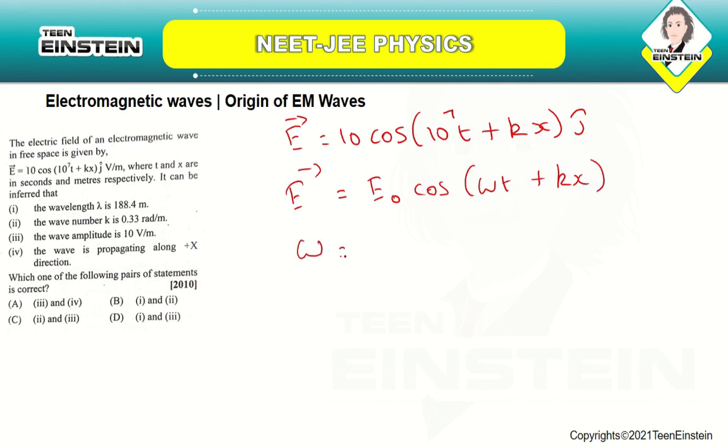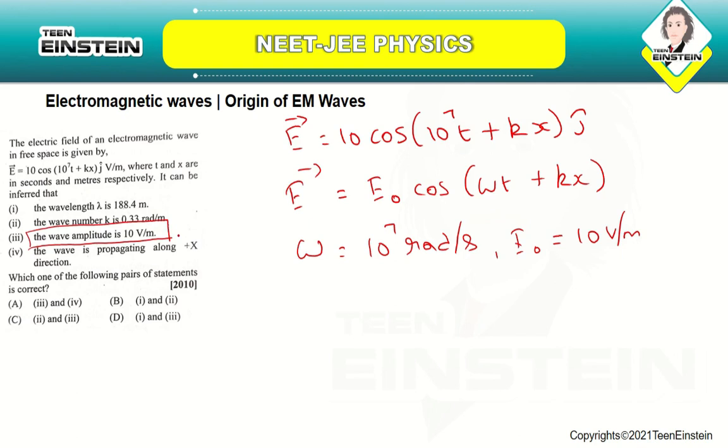So you will be getting the omega value as 10^7 radians per second, and E naught will be 10 volt per meter. So since E naught is 10 volt per meter, statement 3 is correct. The statement is the wave amplitude is 10 volt per meter.